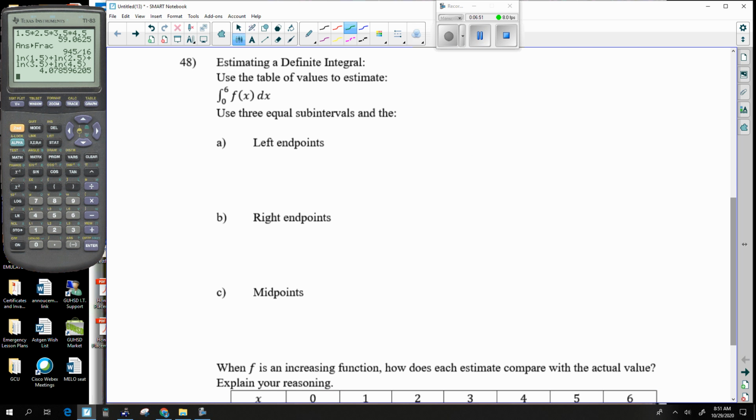Okay, so here we go, estimating a definite integral. As I was describing in the last lesson, this is called a lower bound, and this is an upper bound.